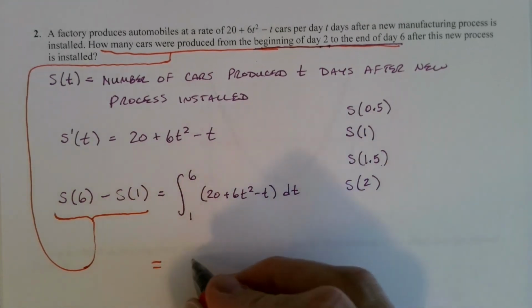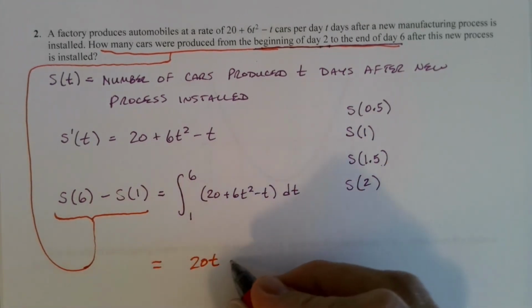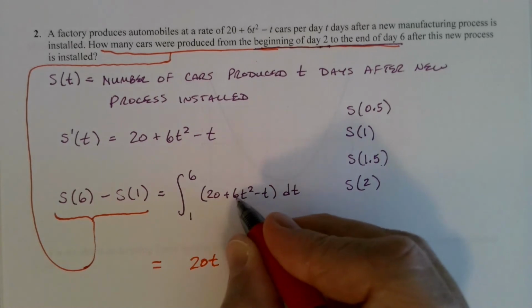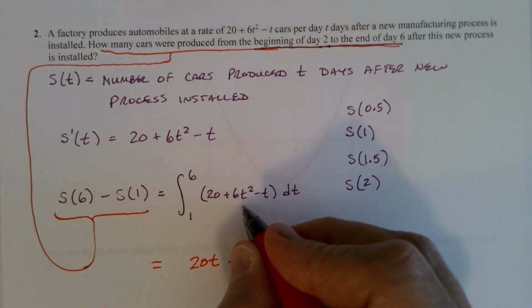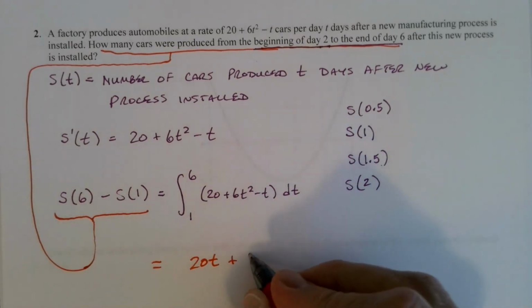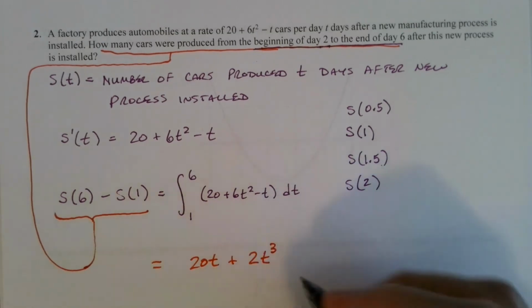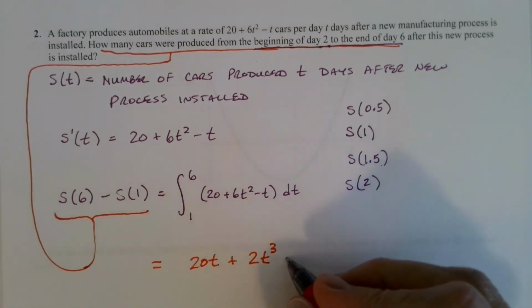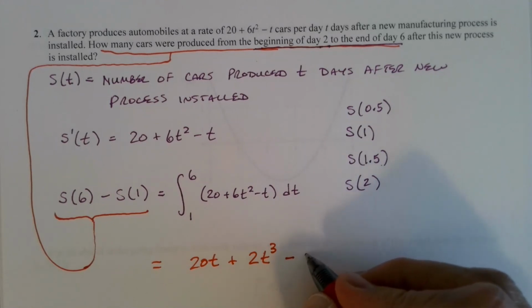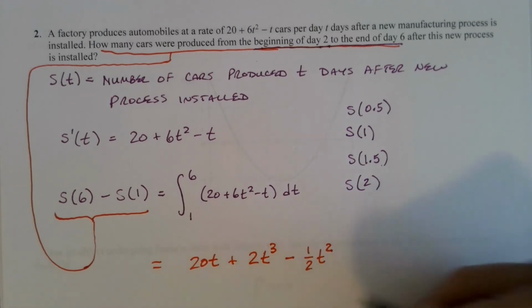What is the antiderivative here? 20t plus t cubed over 3. 6 over 3 is 2, so 2t cubed. Let me double check: if I take the derivative, I get back 6t squared. And then the antiderivative of t is 1/2 t squared.